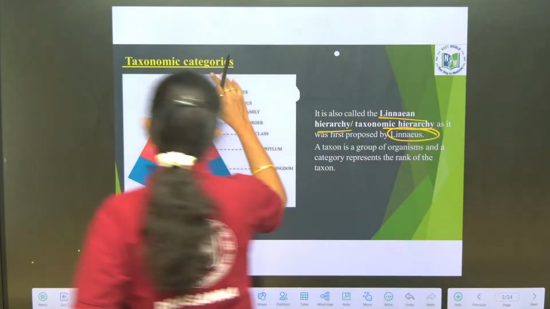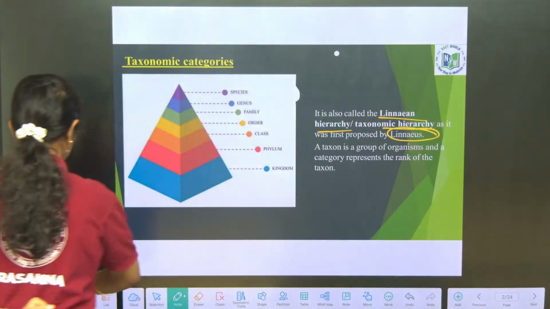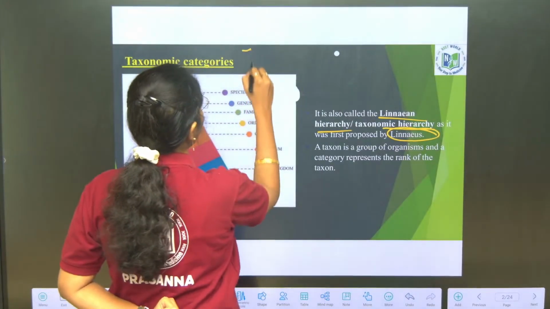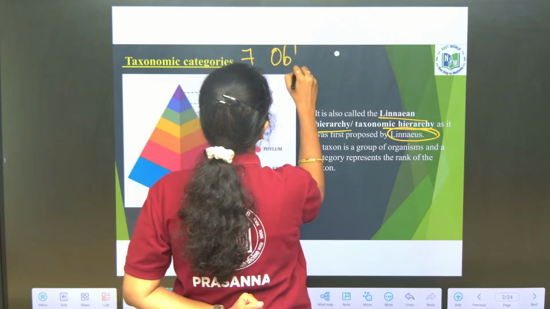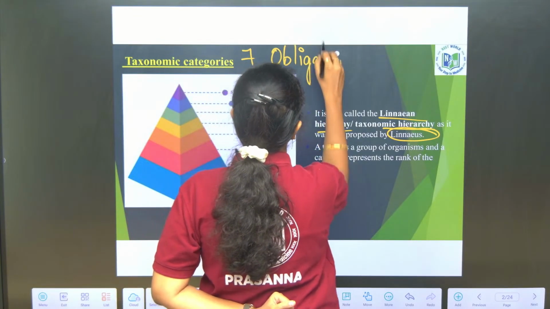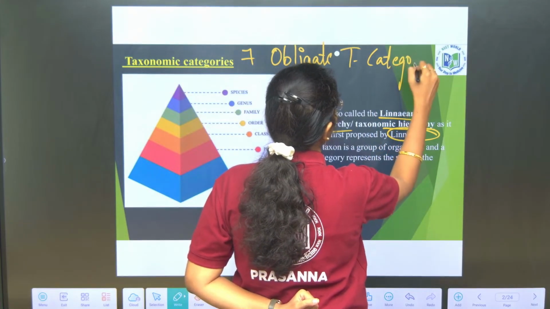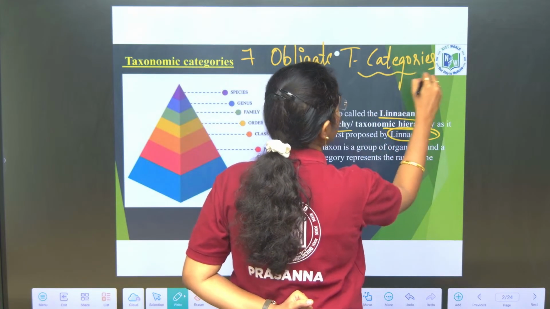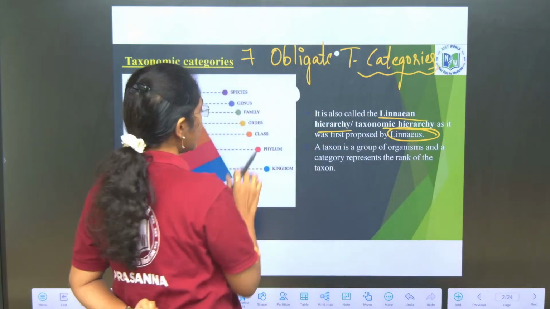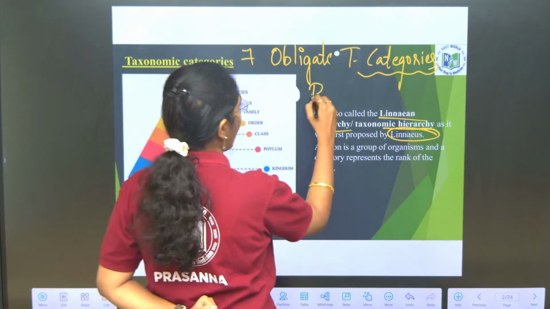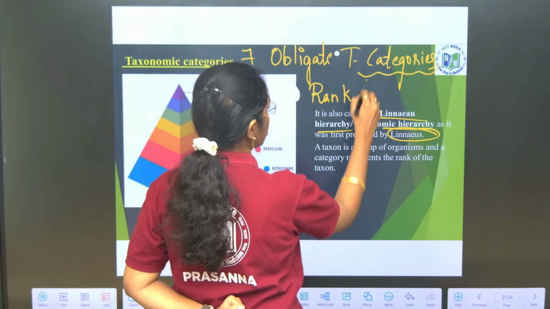In this, what is a taxon or category? Remember, taxonomic categories are 7. We have 7 obligate taxonomic categories. A taxonomic category is also called a rank or taxon.